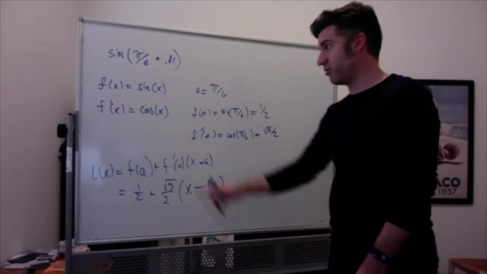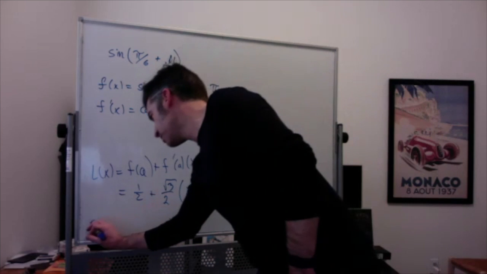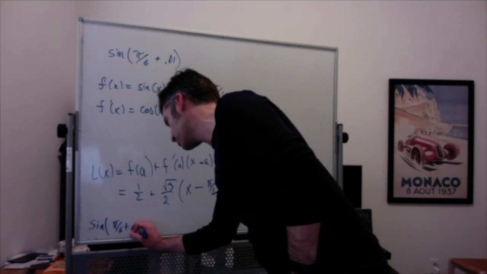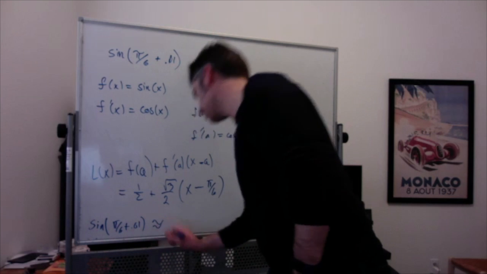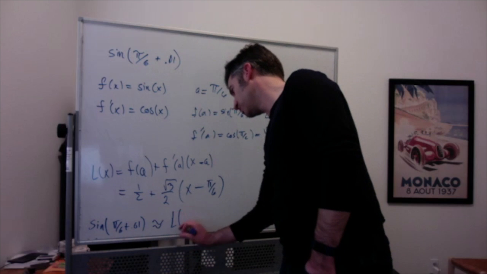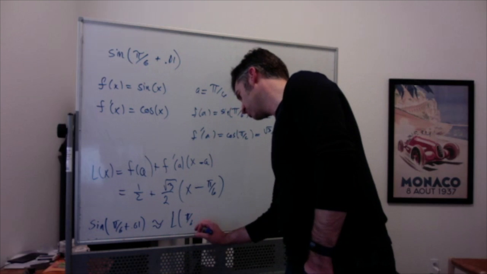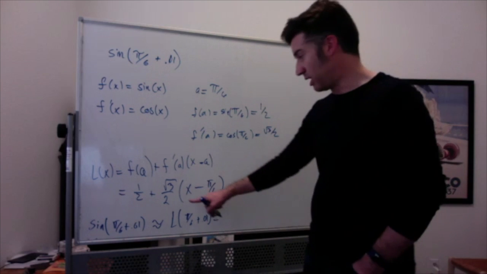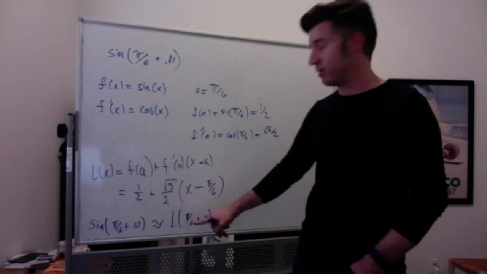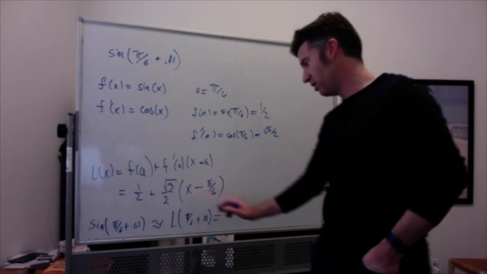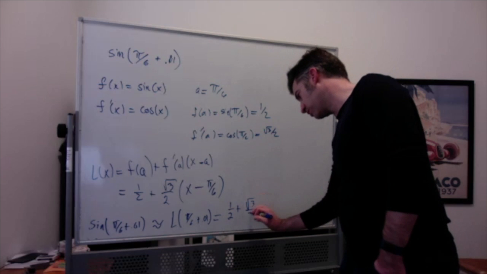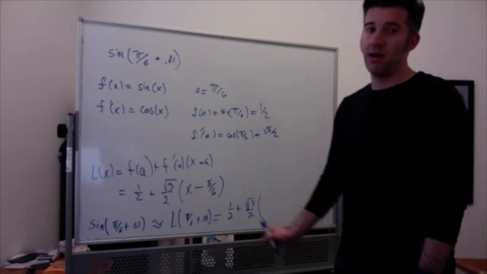So then to approximate this, we're going to say that sine of pi over 6 plus 0.01 is approximately the linearization at that same value, pi over 6 plus 0.01, which is, I'm just plugging in the pi over 6 plus 0.01 here. So meaning 1/2 plus root 3 over 2 times, I'm not going to write it all out.